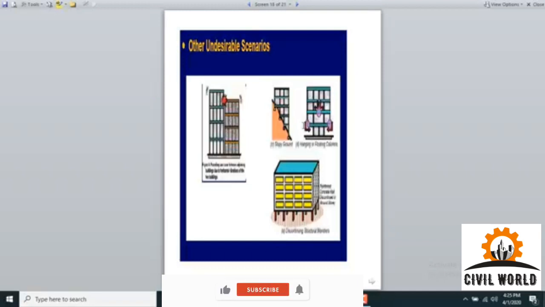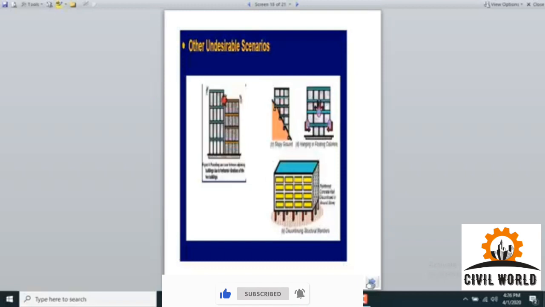So they need to be either avoided or properly tackled. In this figure, what's happening is that we are having 1, 2, 3, 4 stories which are solid, but the bottom story is not solid. It is empty from the outer side. It is also called as soft story concept. So this story is critical now. This story can cause failure of the whole structure.